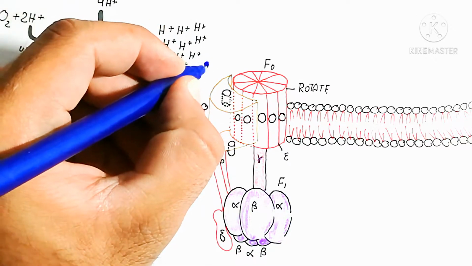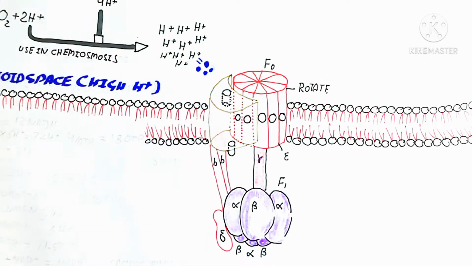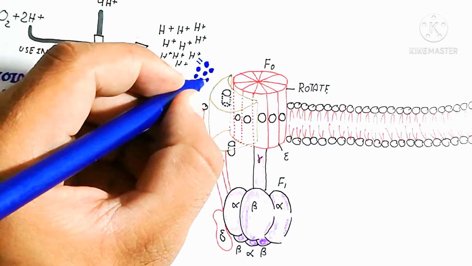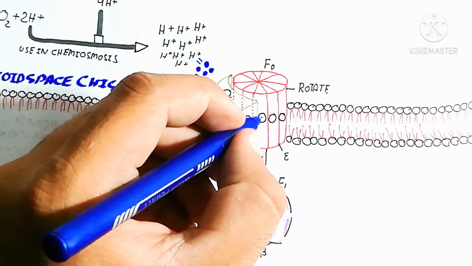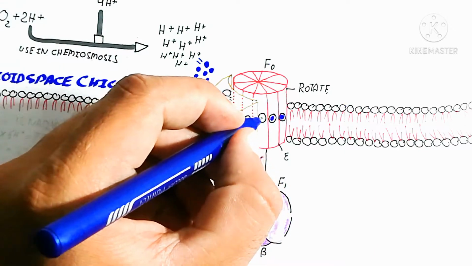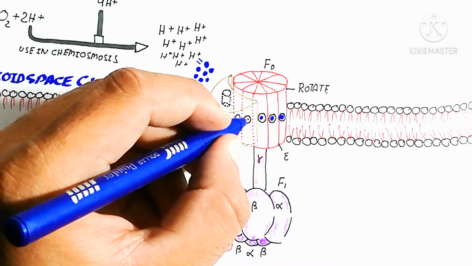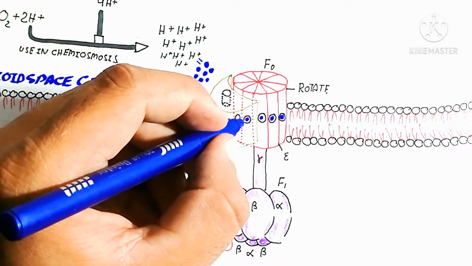So what will occur? Here is the channel-like structure. It looks like that. The blue color shows the protons. These protons enter from the F0 region, and this flow moves into the stroma.